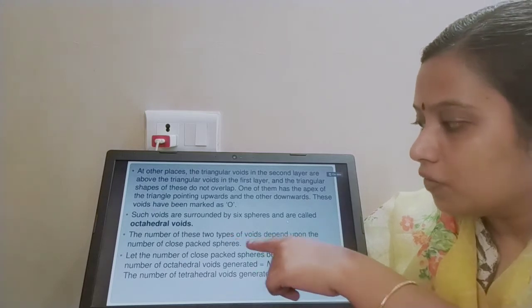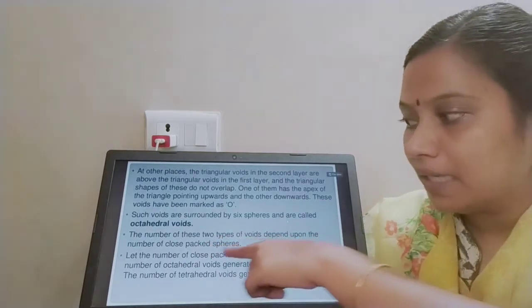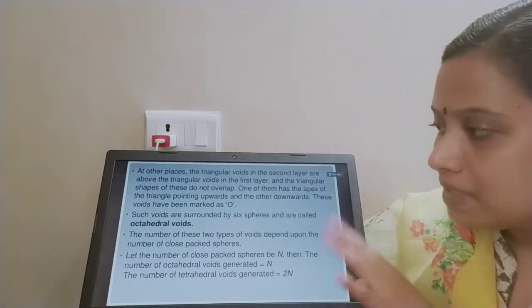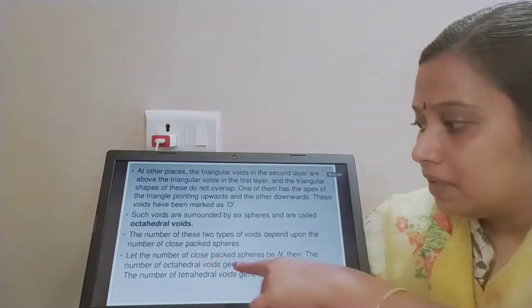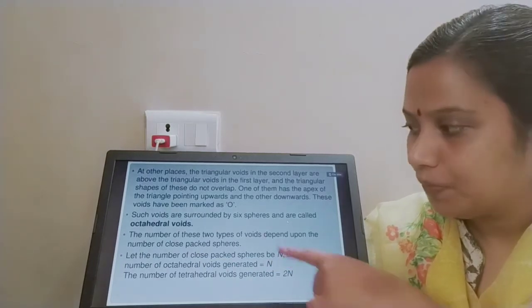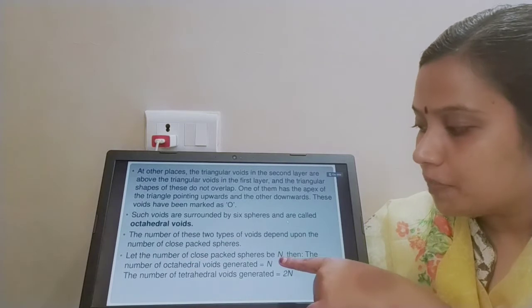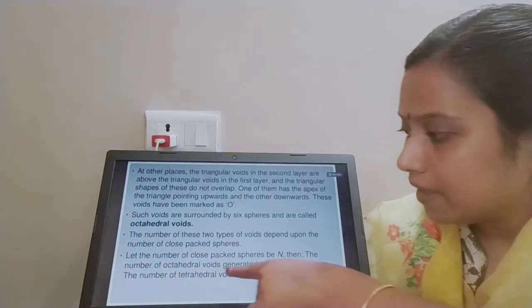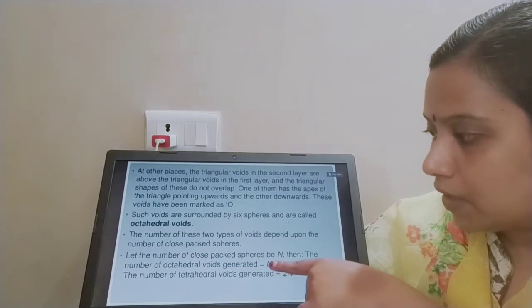The number of these 2 types of void depends upon the number of close packed spheres. Let the number of close packed spheres be represented by n. The number of octahedral voids generated is equal to n.